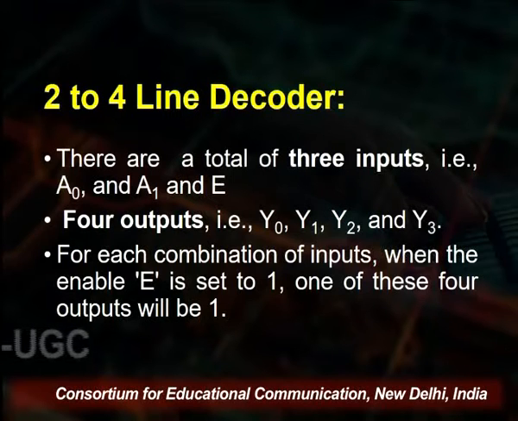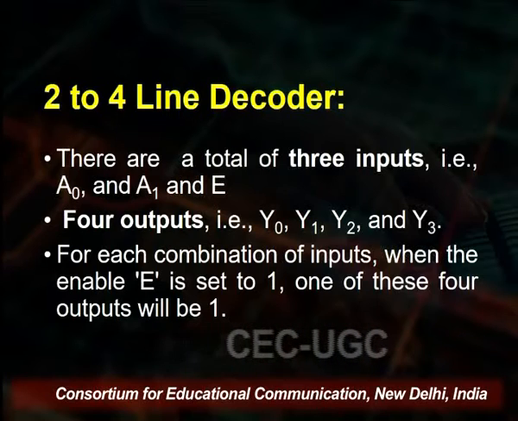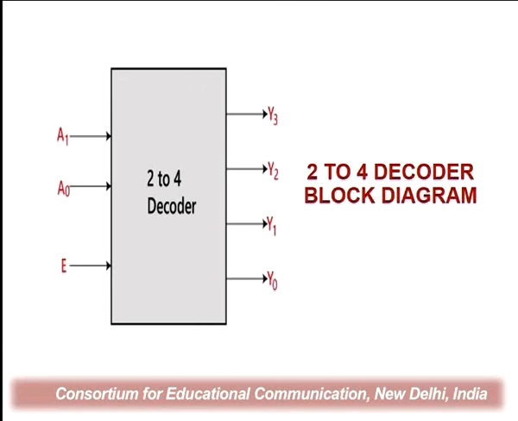For each combination of the inputs, when the enable E is set to 1, one of these 4 outputs will be 1. This is identical to what I just discussed in the 3 to 8 line decoder. The block diagram for a 2 to 4 decoder is as visible. A1 and A0 are the 2 inputs, E is the enable, and we have 4 outputs from Y0 to Y3.